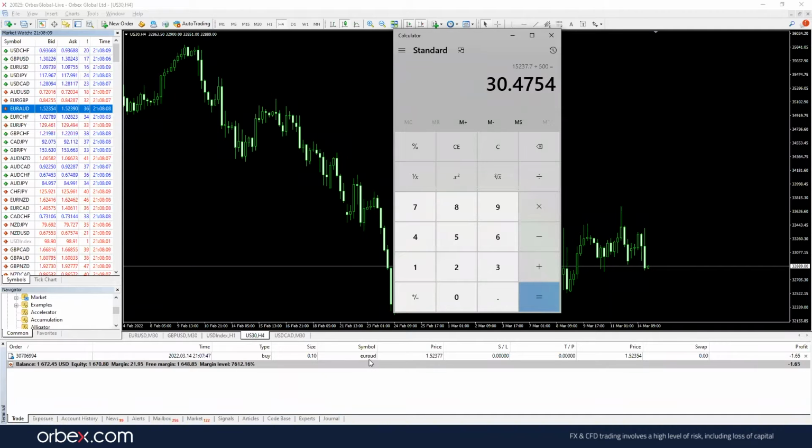Now, because I have an Aussie dollar trade open, and my base currency is American dollar, I'm going to look at the Aussie dollar rate, so 0.72. So simply multiply by 0.72, and there we have 21.94. And obviously, if I had added the extra digits in, then I would have actually got the correct 21.95.